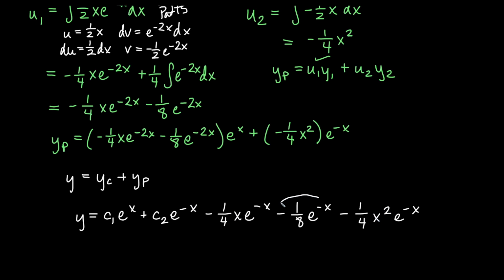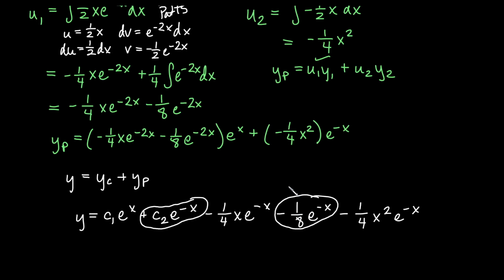But this minus 1/8 e to the negative x is actually just a like term with c2 e to the negative x. This is some amount of e to the negative x minus some more e to the negative x, right? So what is some number, some random number, some constant minus 1/8? If we try to put these together, well, it's just going to be some constant, right?